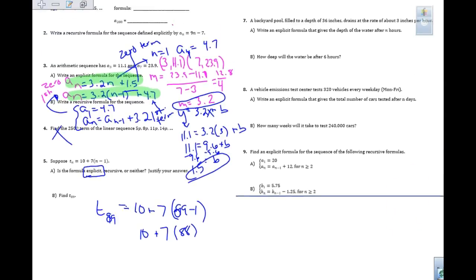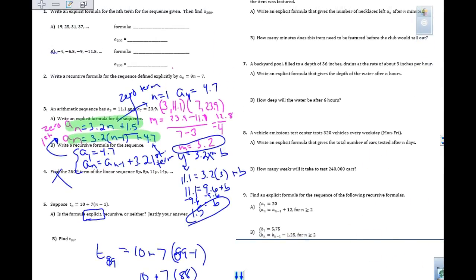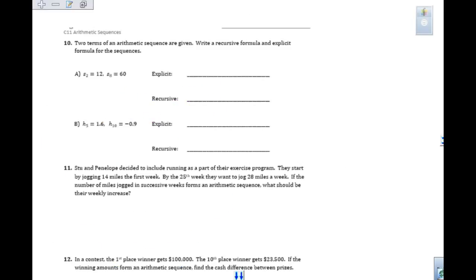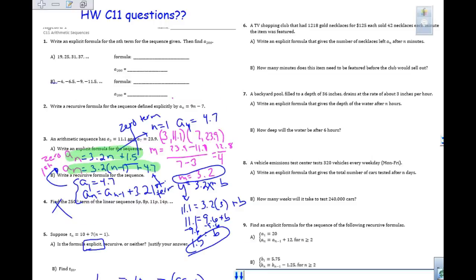Number 8B. All right, so when we look at number 8, it says they're testing 320 vehicles every week.